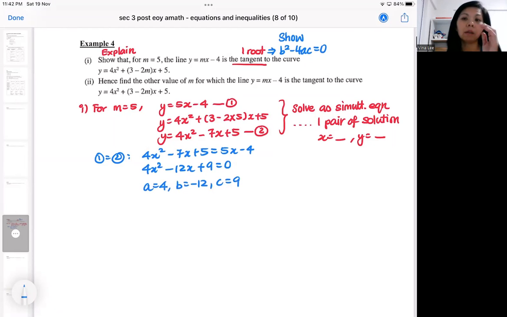Okay, so you cannot set the discriminant equal to 0. It will be wrong if you set the discriminant equal to 0. Your job is to explore the expression for the discriminant.